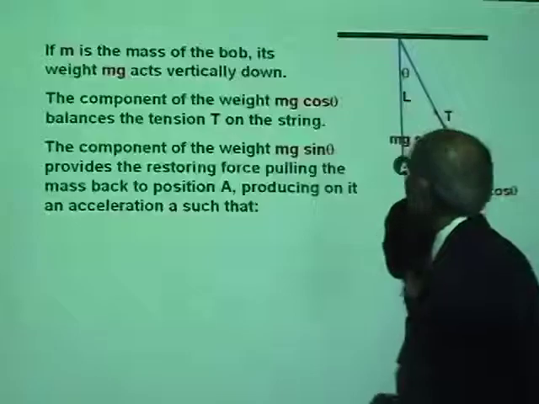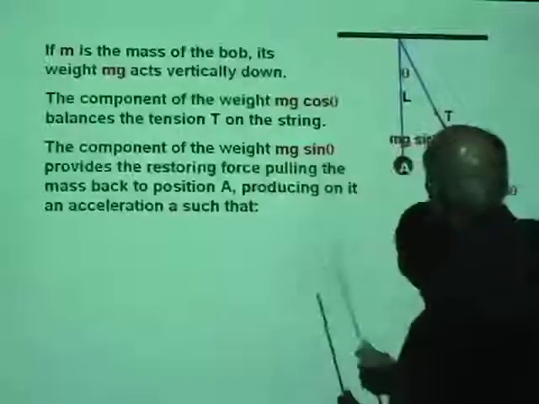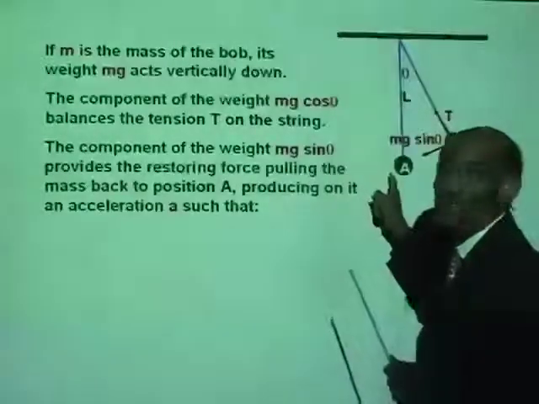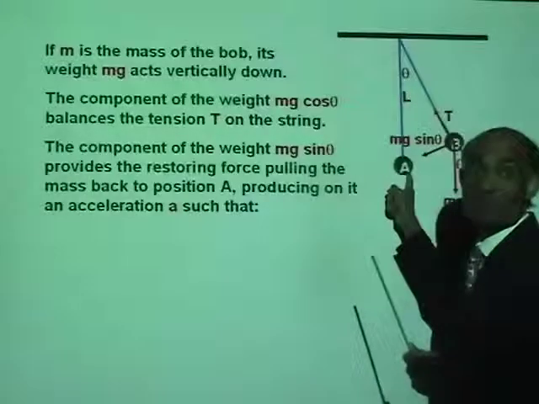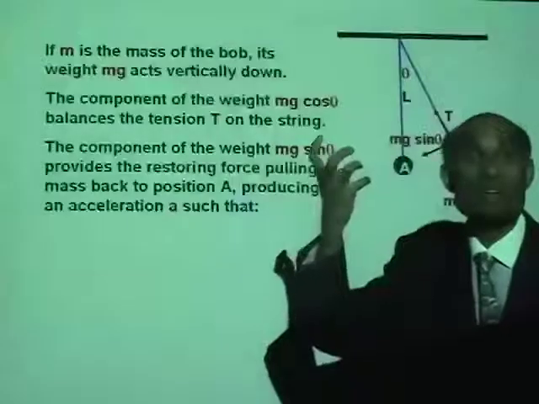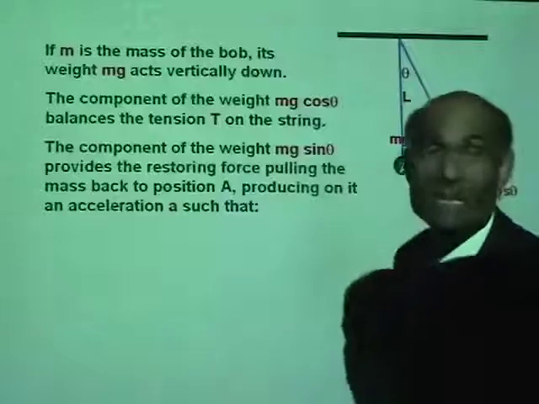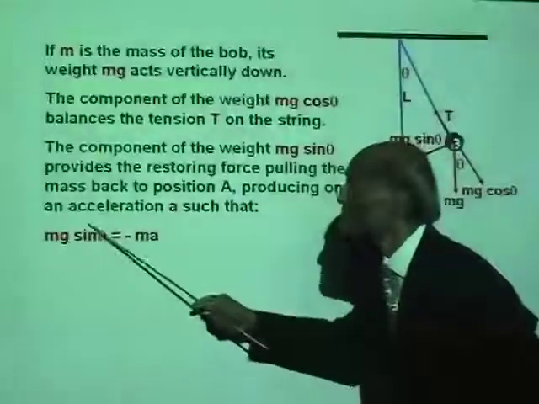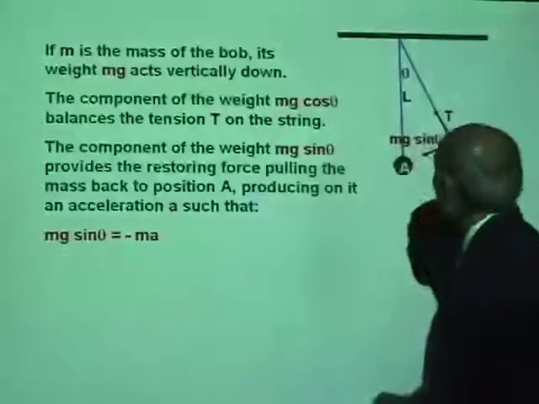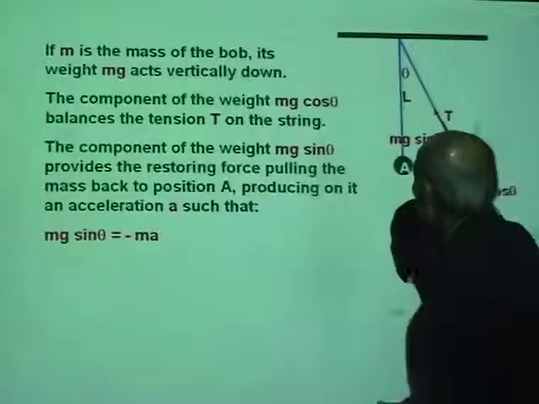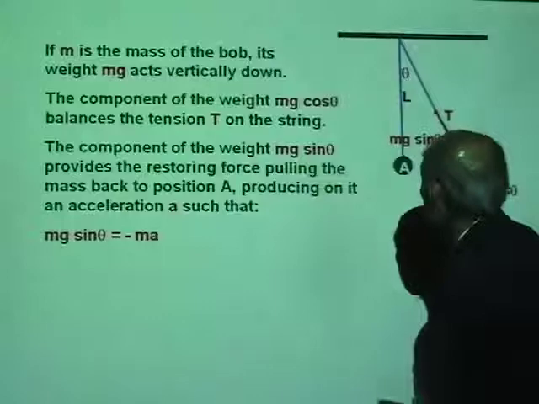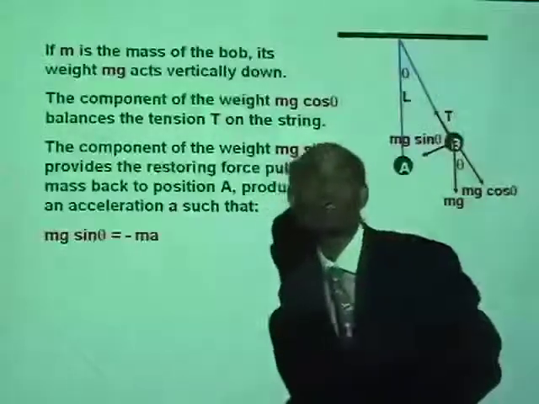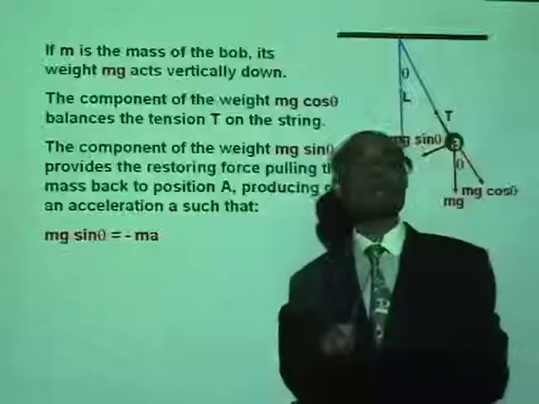And this produces an acceleration. It makes the bob accelerate towards the equilibrium position, so that when it reaches the equilibrium position, it will have a maximum velocity. This mg sine theta is the net force producing the acceleration on this mass, so that mg sine theta equal to negative ma.